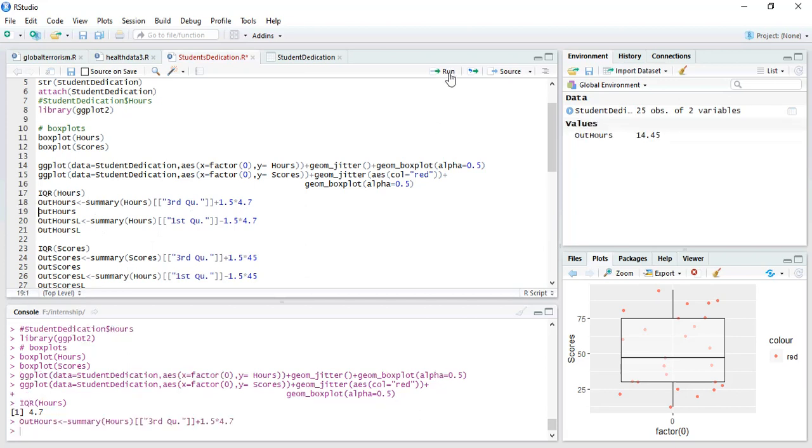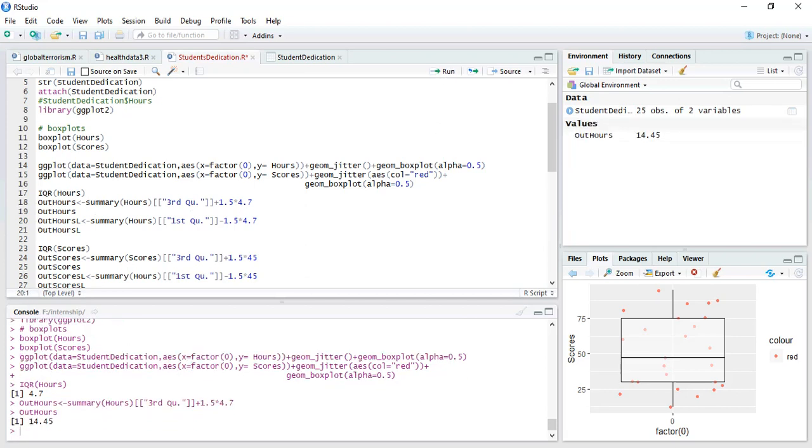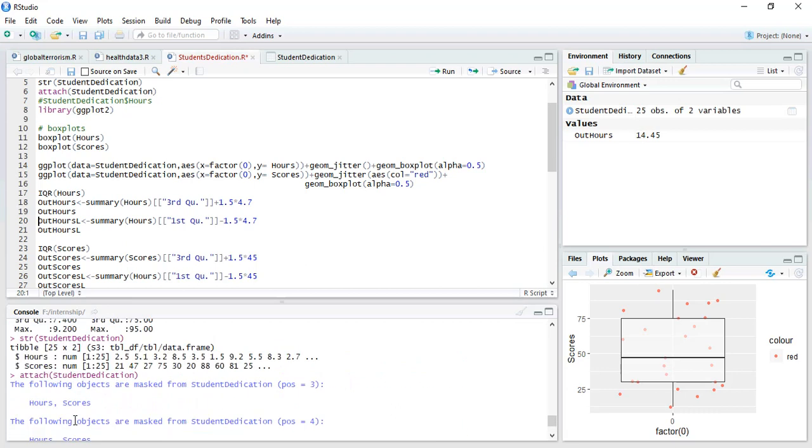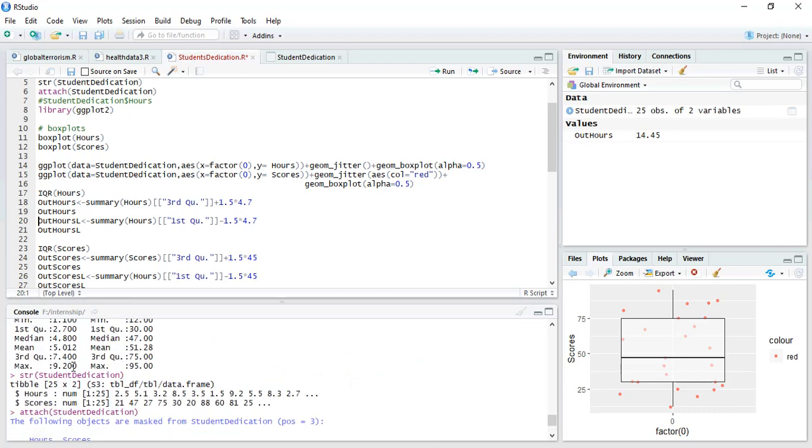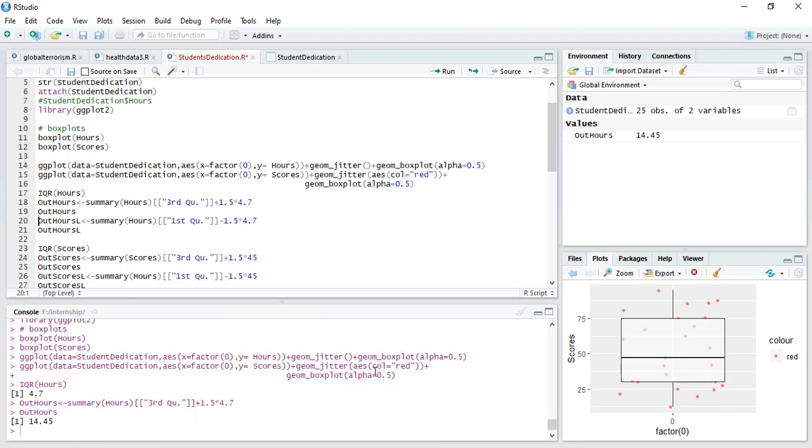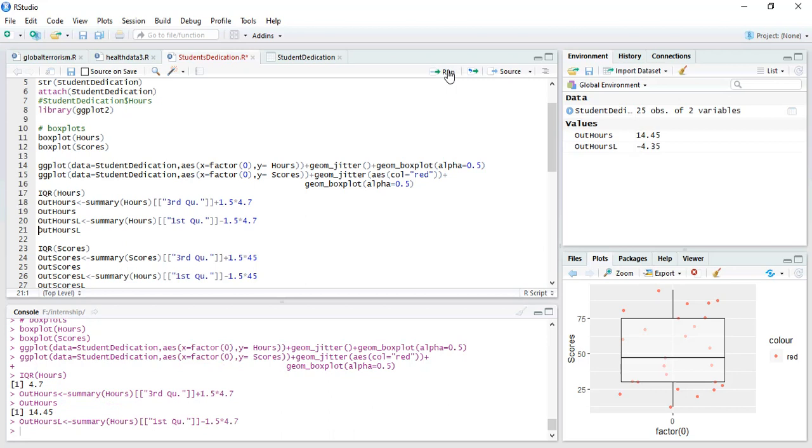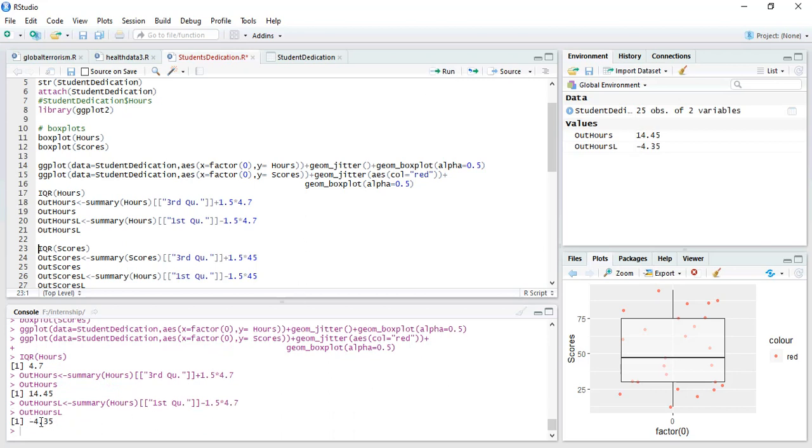Here we get 14.45. Nobody has gone that high; the maximum was 9.2. So there is no outlier on the higher range. On the lower side, the limit is minus 4.35, so we don't have any outliers in hours.